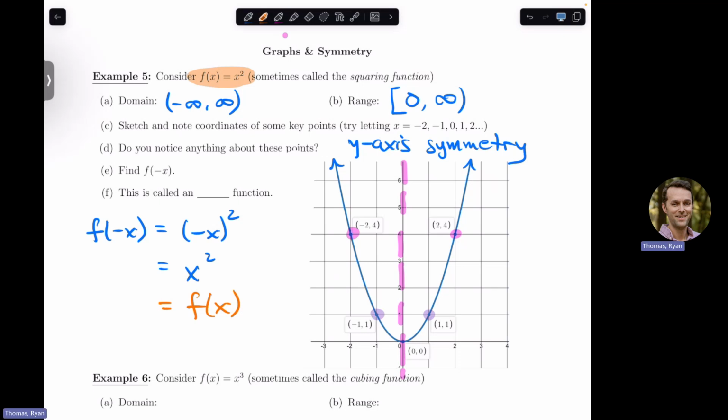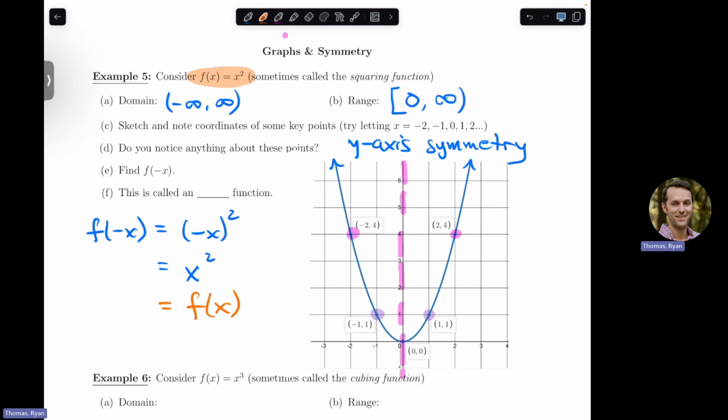So if I found f of 17 and f of negative 17, I can find 17 squared, but that's not the important part. 17 and negative 17 would be in the same place. Messy decimal 1.743, whatever, and its opposite, those would be in the same place also.